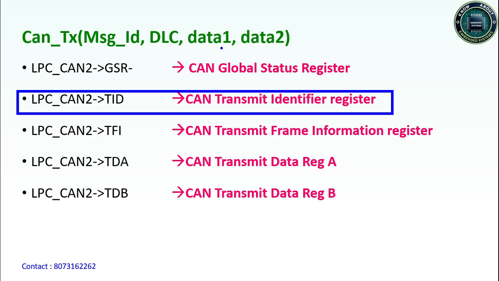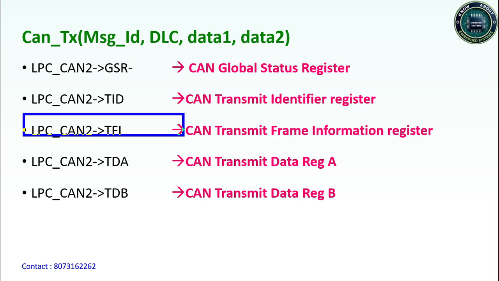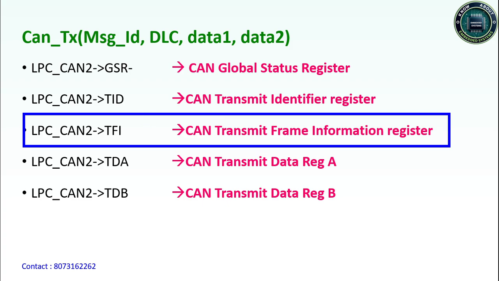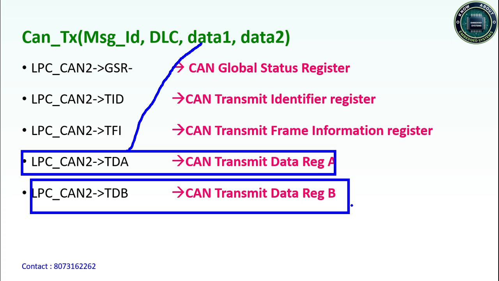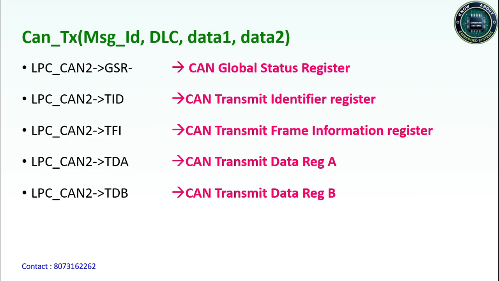Here we're going to load your message ID, so whatever I mention here will be loaded there. Then the TFI, transmission frame information register. In this TFI register we will load the DLC. The next one is transmission data register A, where we load your data 1, and transmission data register B, where we load your second data. So these are all the mandatory registers, and now let us jump to the code.